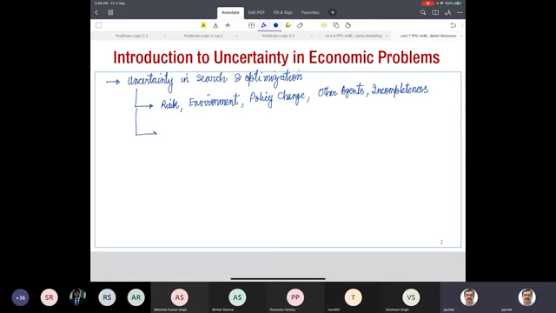And there are two main reasons we found. One is partial observability. That means the full state space or the full scenario is not known to you. So we said some variables are observable and some are not observable.